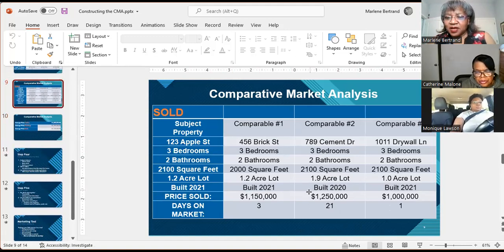Maybe that home at 1.9 acres had an ocean view. We don't know. So you're going to want to see which one of these houses had a view, and maybe that's why it was 1.2 million instead of some other price.